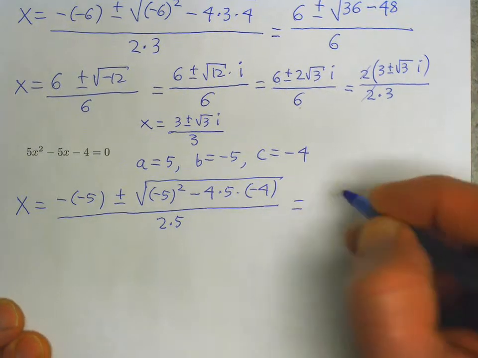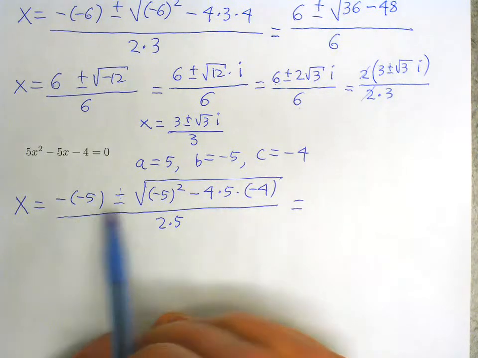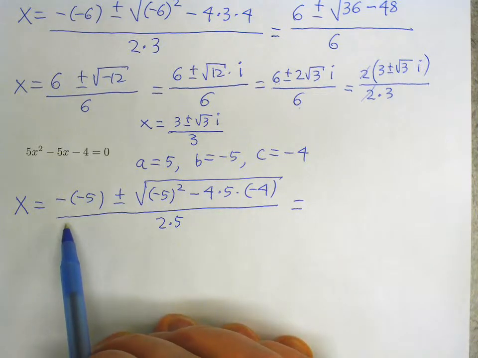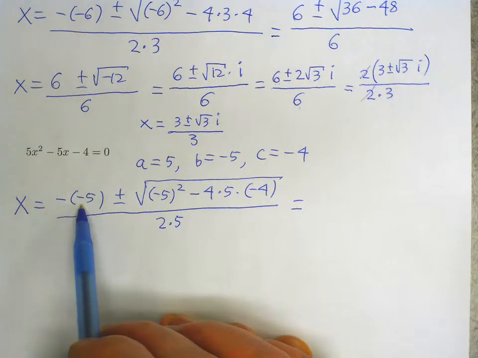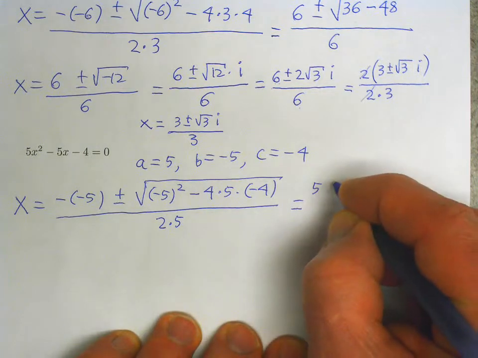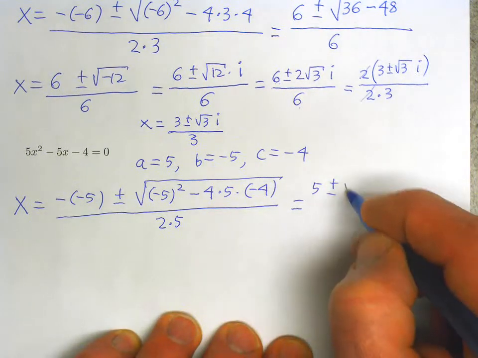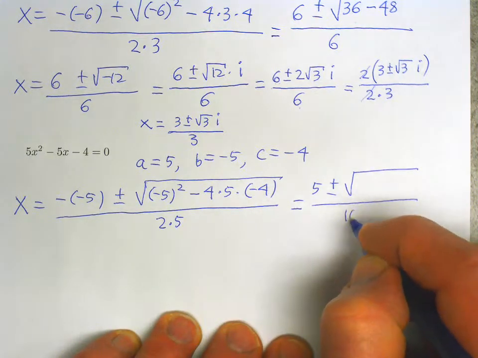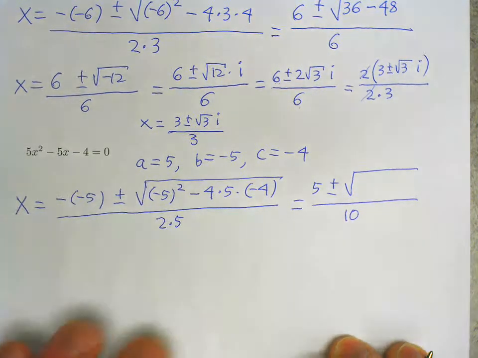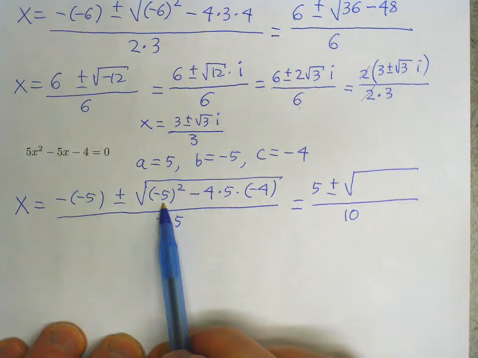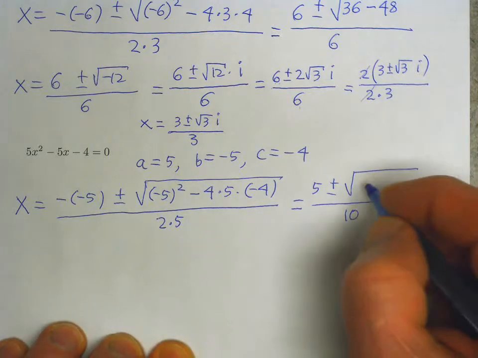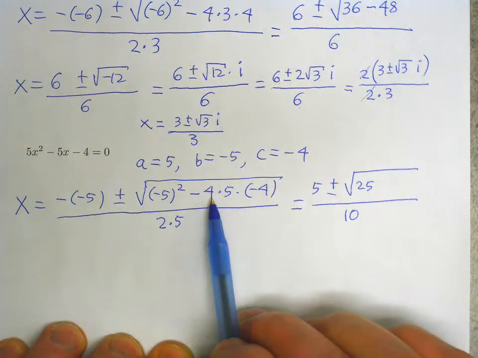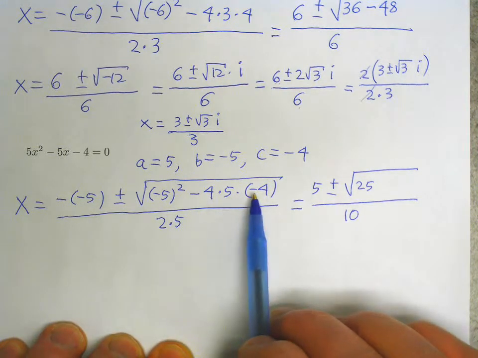Then it's arithmetic. It only takes one little mistake to mess everything up. So that's why practicing is a good idea. The negative of negative 5 is 5, plus and minus the square root of some number, all divided by 2 times 5, which is 10. Okay, inside the square root, the number negative 5 squared is 25, and we're subtracting 4 times 5 times negative 4.